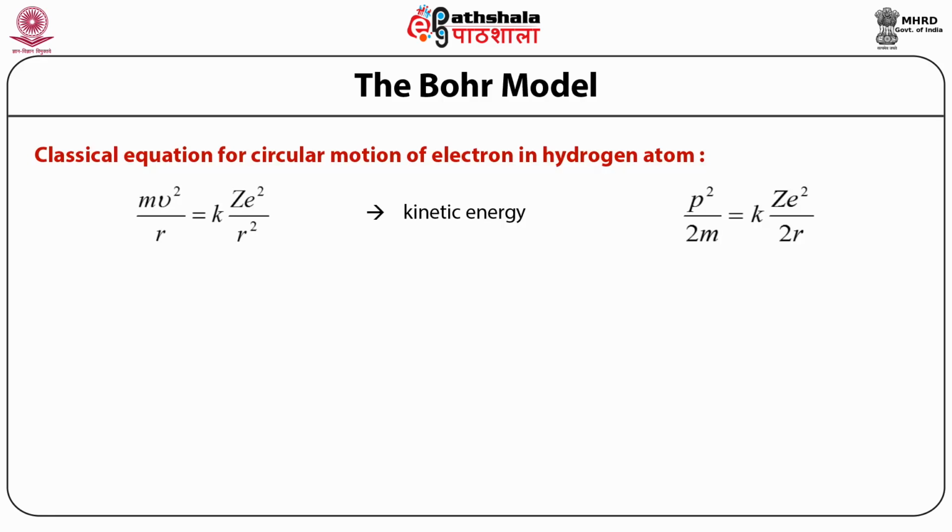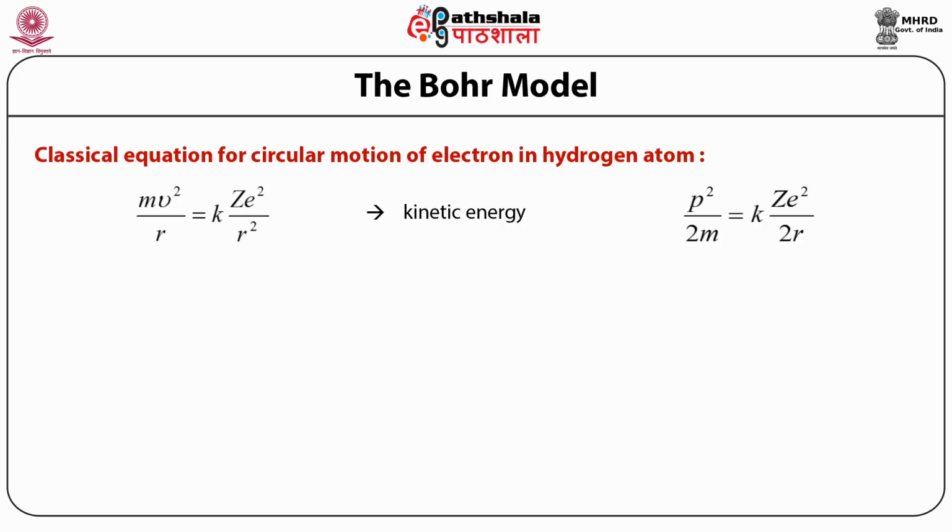If you compare this equation to the motion of the Earth around the sun, there m v squared by r is equal to the gravitational attractive force. But here, in the case of an electron, m v squared by r, the centripetal force, is equal to the electrostatic force of attraction between the electron and the proton.